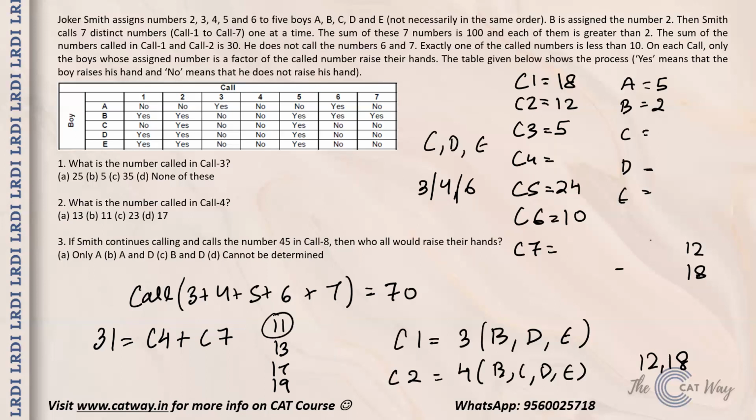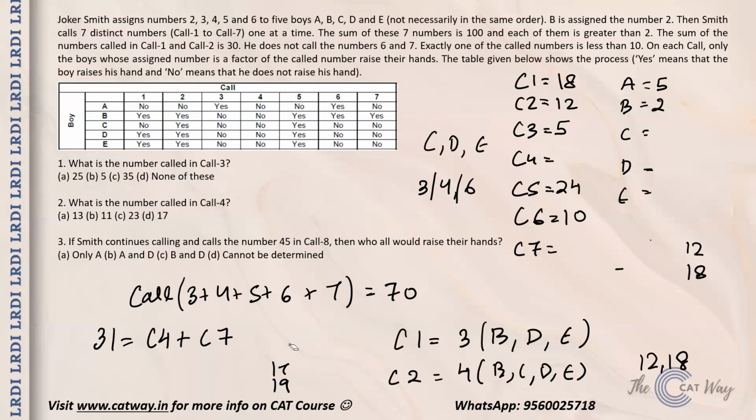If you consider 11, that is if C4 is 11, the other number should be 20. If it is 20, then the hand should be raised by the person who has been given 5, 4, and 2. But we can see only 2 is raising the hand. So 11 being C4 is not possible. If C4 is 13, then the other number would be 18, and in that case, the person who has been assigned value 6 should also raise his hand.